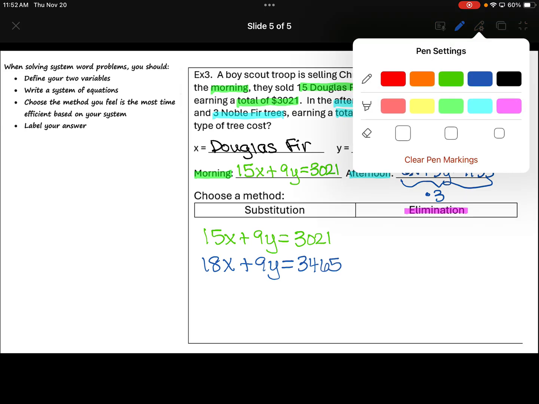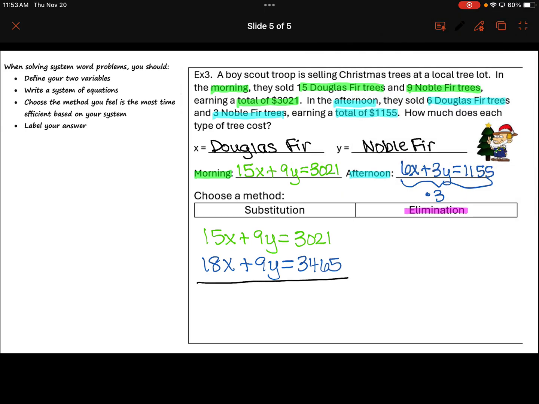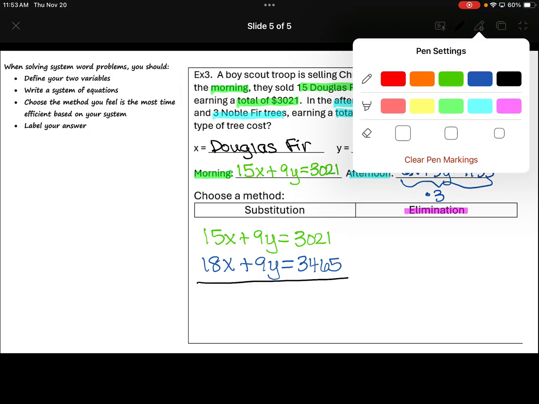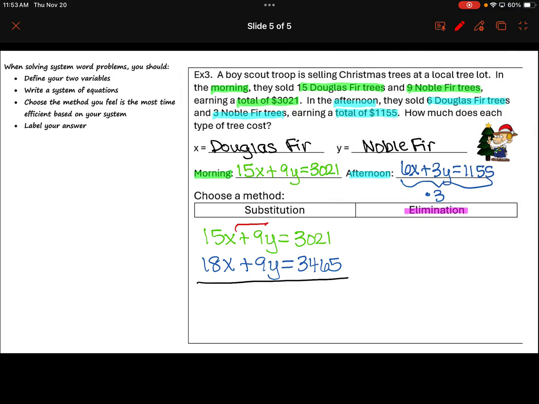Okay, now that they're matching, I want to eliminate my y value because they match. So I am going to subtract. So that's going to give me negative 3x equals negative 444. Divide by negative 3, so x is 148.